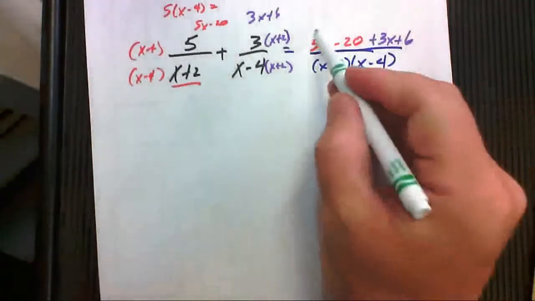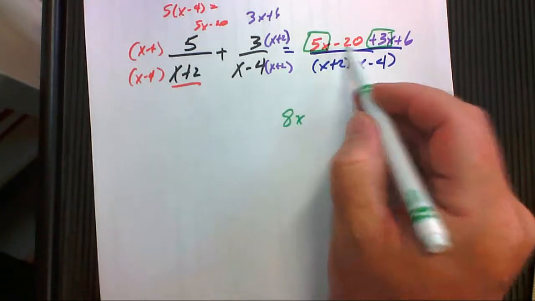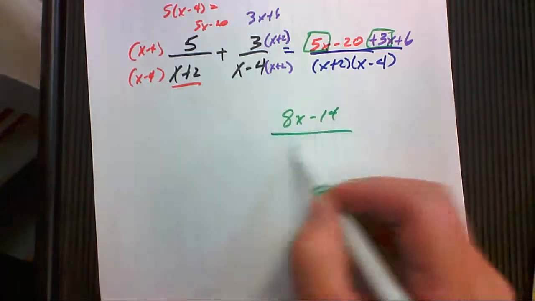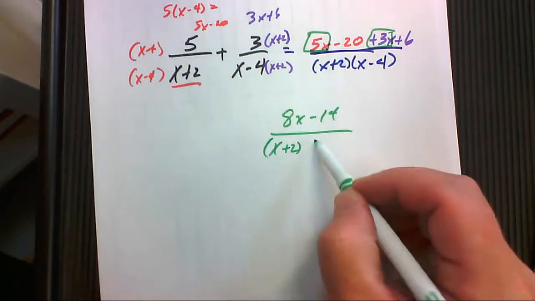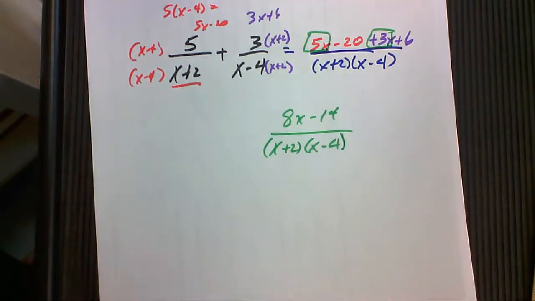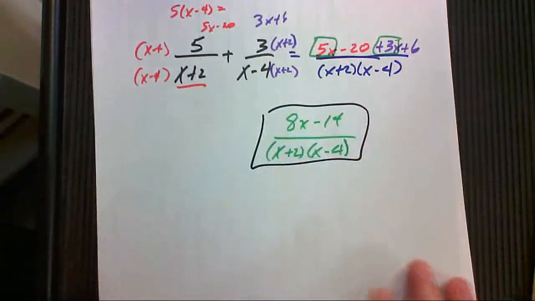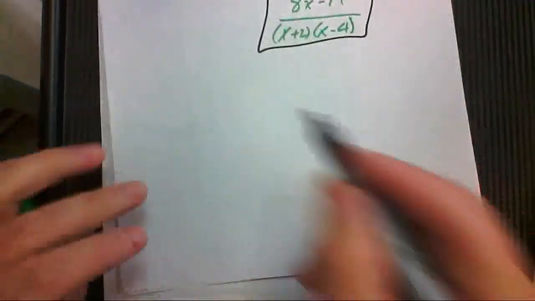Just combine the like terms right here. 5 and 3 is 8. Negative 20 plus 6 is minus 14. Note, we did not multiply the denominator. Usually we leave it factored. And that's it. Okay, your turn.